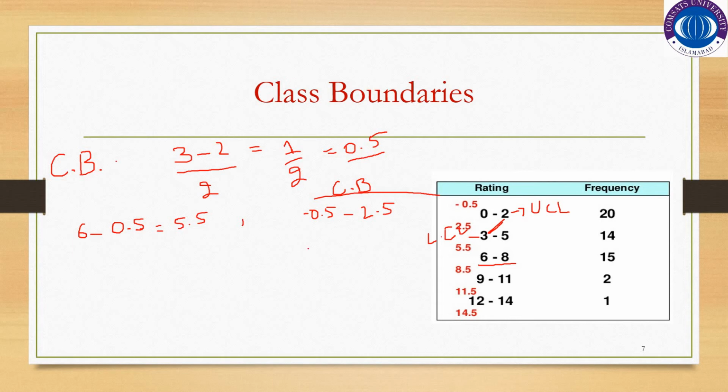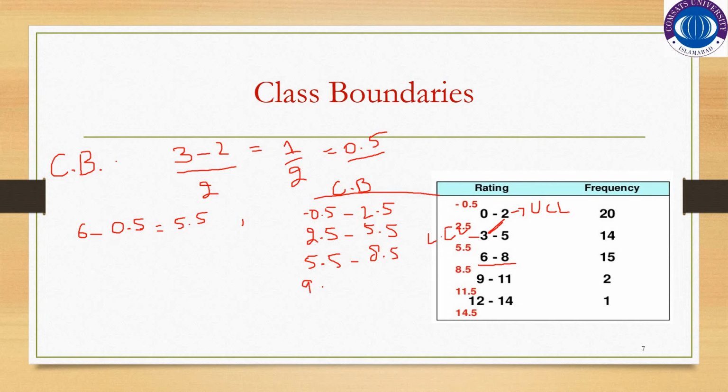Subtracted from 3, we will get 2.5, to 5.5. For the third class, we have 5.5 to 8.5.